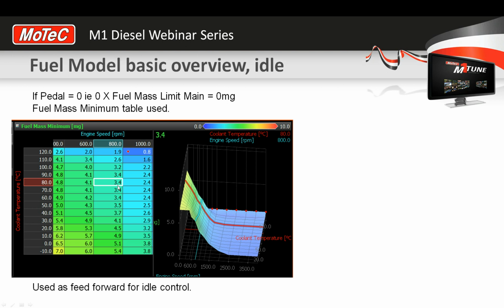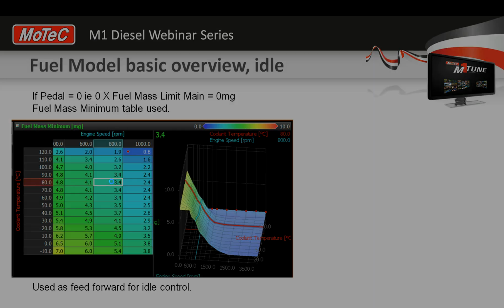If you saw the idle control system with a 4 milligram integral in the positive, that would mean that in reality you should probably come back here and add 4 more milligrams to this spot, because the idle control is correcting this number by 4 milligrams to achieve a normal operating temperature idle.